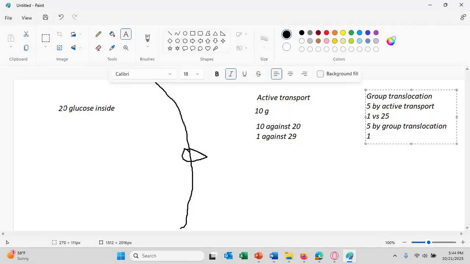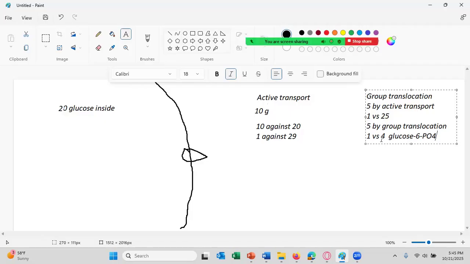And here we're going to be 1 versus 4. And it's going to be a glucose 6-phosphate inside the cell. This is a much less steep gradient than 1 to 29, 1 versus 4.